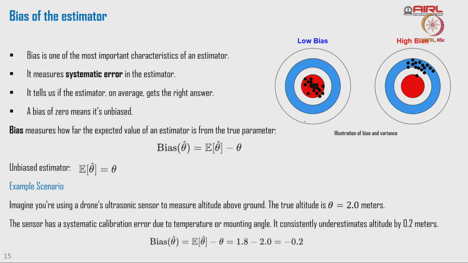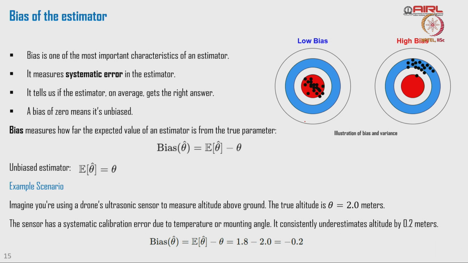Imagine you are using an ultrasound sensor to measure altitude above the ground. Let us say the true altitude is 2 meters. The sensor has a systematic calibration error due to temperature or mounting angle. It consistently underestimates the altitude by 0.2 meters.